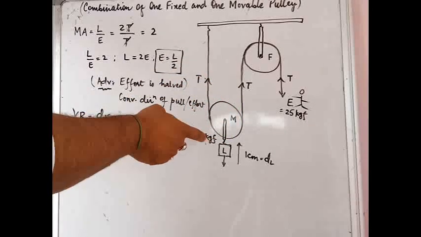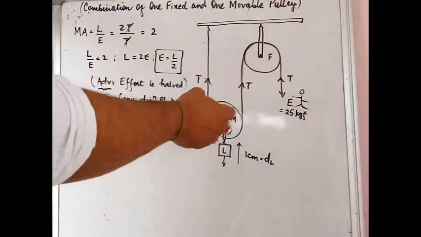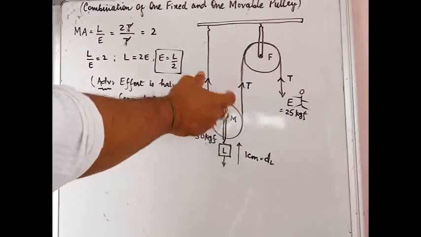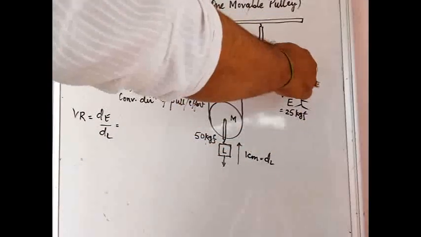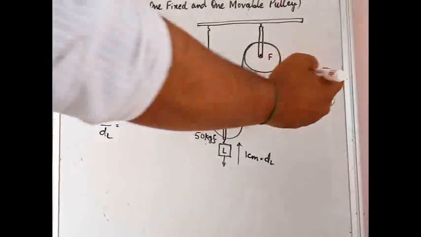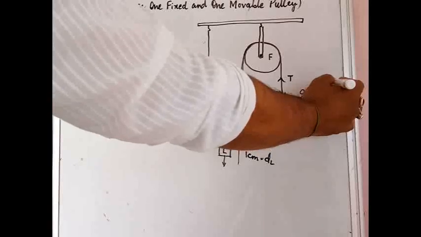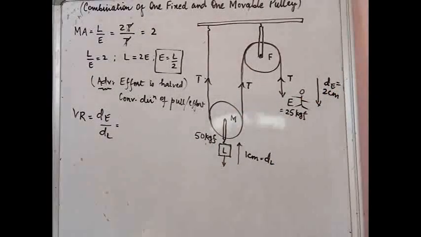Obviously, because of the load, this tackle cannot become slack or loose. It will be tight. So whatever 1 plus 1, 2 centimeters has got released will get carried forward to the effort side. So this effort side will move down by 2 centimeters. This is your dE, that is coming out to be 2 centimeters.